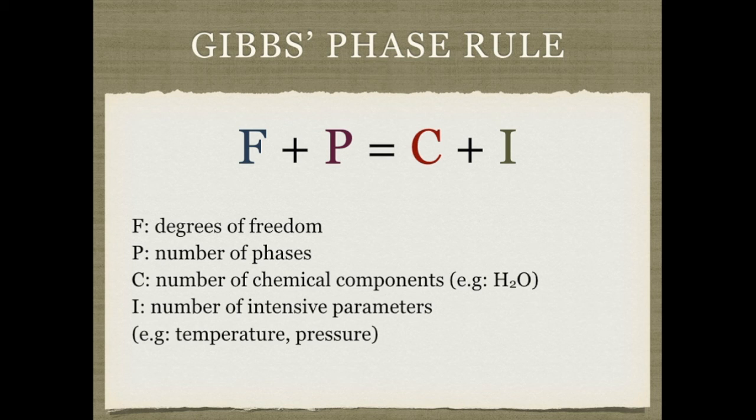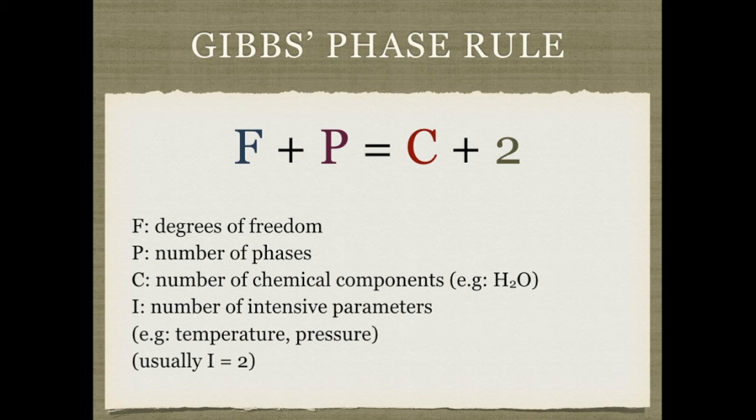And I is the number of what we call intensive parameters. I called them conditions before. Basically, they are things like temperature and pressure that determine which phase you're in. And usually you have two of those. So we can rewrite the formula as F plus P equals C plus 2. This formula is incredibly useful to physicists, chemists, geologists, anyone else who works with phase diagrams, and let's see why.